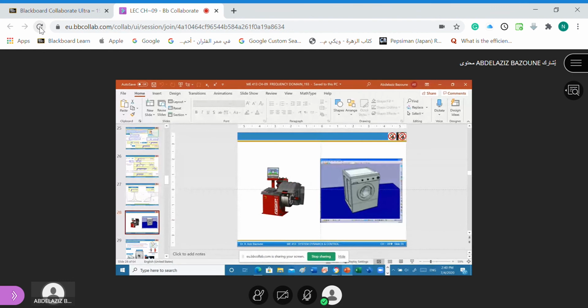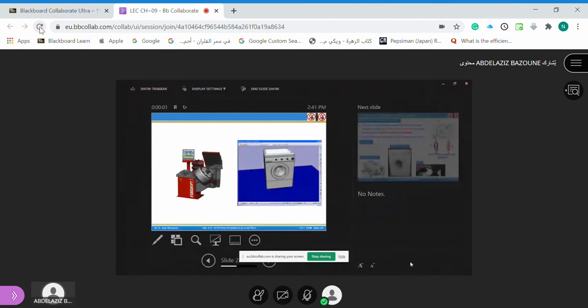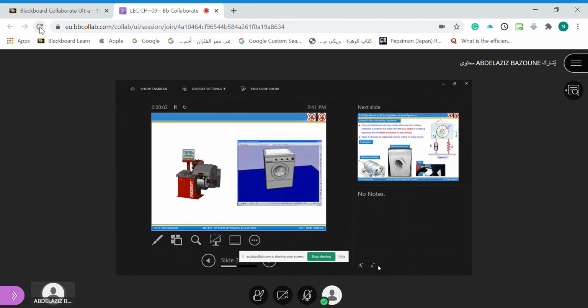Shabab, did you see the washing machine? How is it doing? When there is excessive vibration, it goes into what we call imbalance. It is doing imbalance.